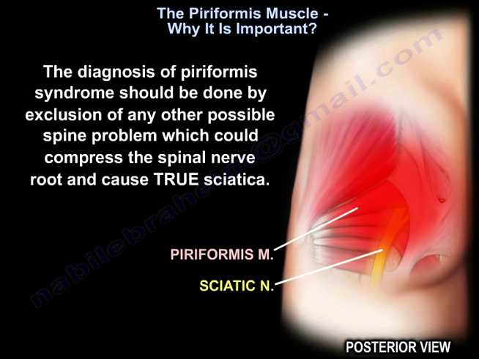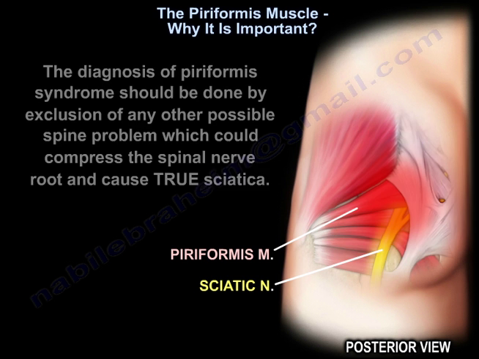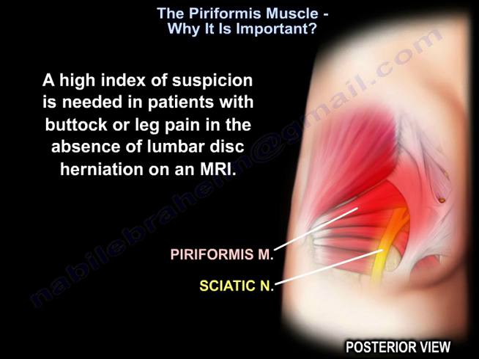The diagnosis of piriformis syndrome should be done by exclusion of any other possible spine problem which could compress the spinal nerve root and cause true sciatica. A high index of suspicion is needed in patients with buttock or leg pain in the absence of lumbar disc herniation on an MRI.